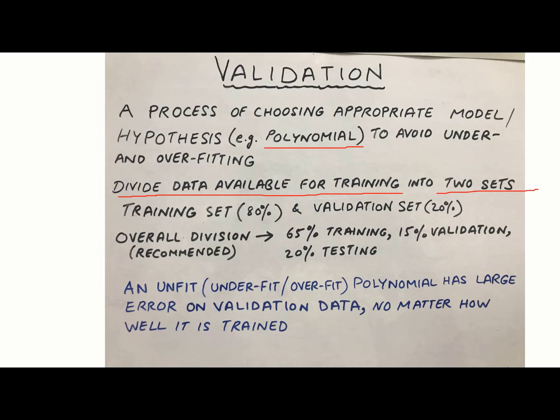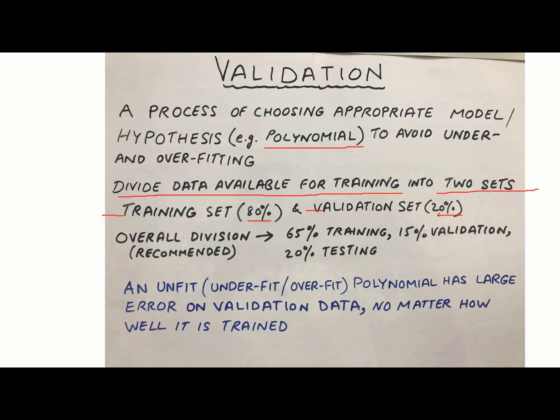So whatever data that we can use to train our system is divided into two sets. One of them is the training set and the other one is the validation set. And usually the split goes 80-20, but it can differ slightly as well.